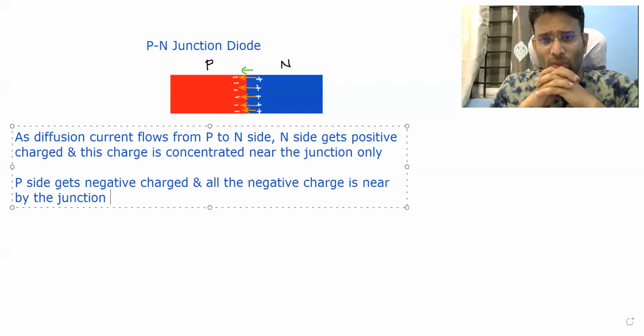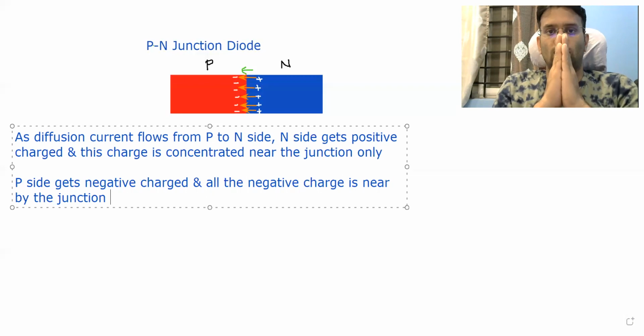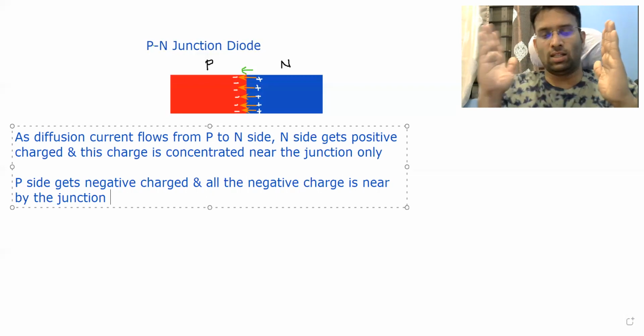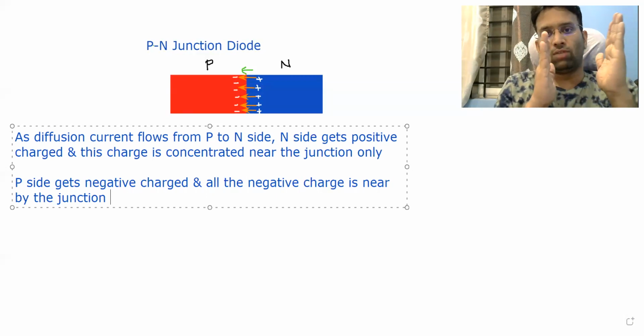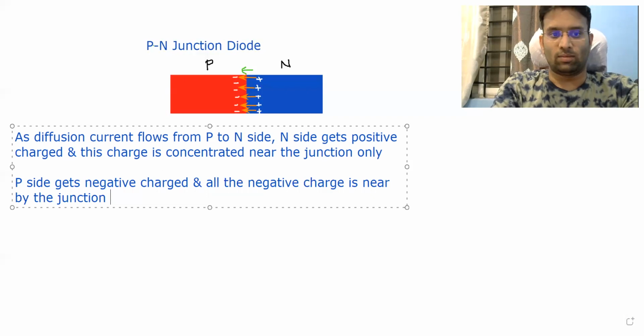However, we schematically only draw one plus and one minus here, but it is not so. If you look at the junction and go a few thousand layers on this side and this side, on this side you will see negative charge, on this side you will see positive charge, and therefore there will be a field in between, from N to P side.